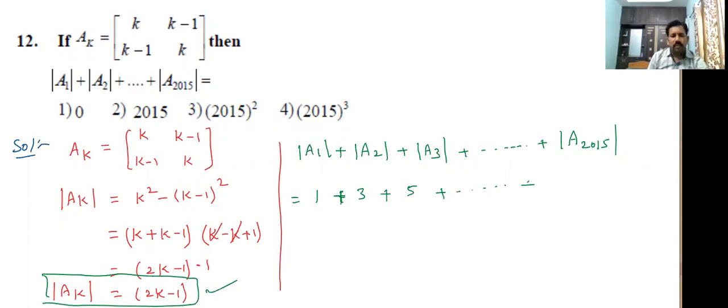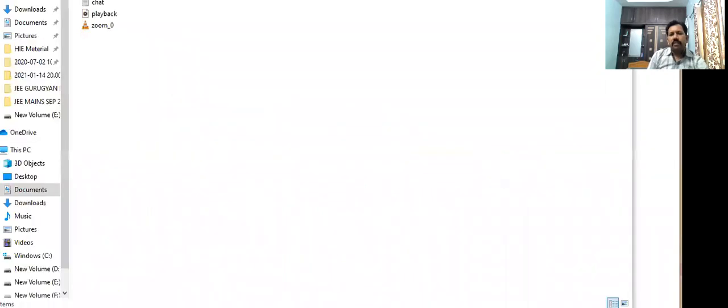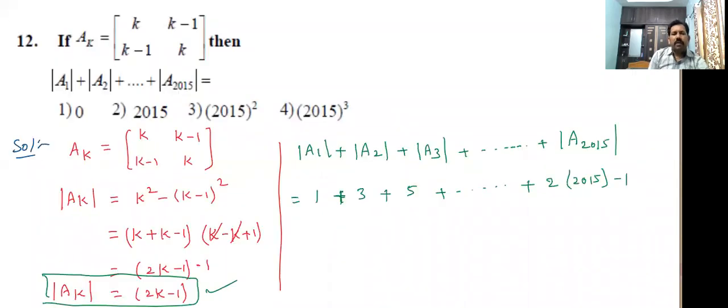What is the last term? 2 into 2015 minus 1. Here, how many terms are there? 1, 2, 3 and so on, 2015 terms are there. What is the sum of odd numbers? 1 plus 3 plus 5 plus and so on, 2n minus 1.